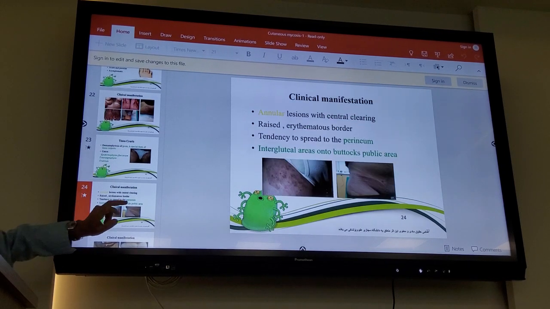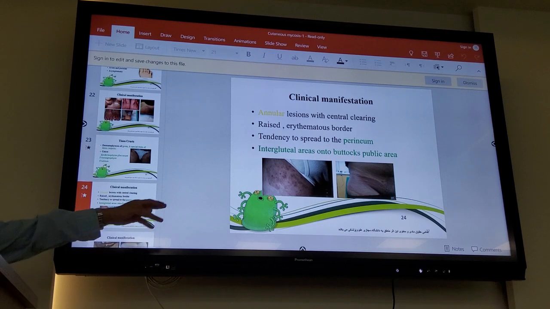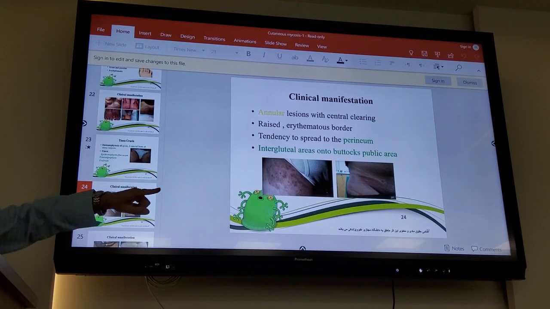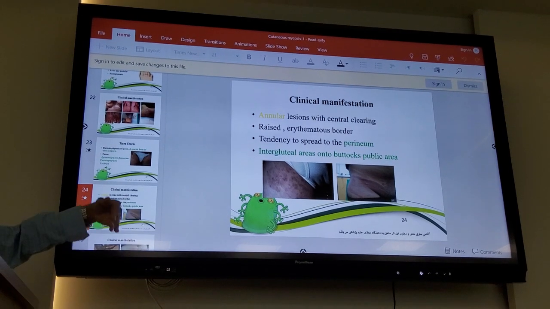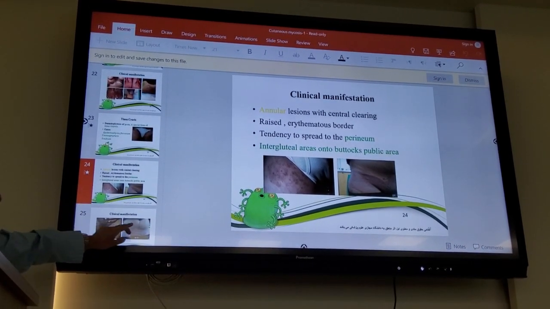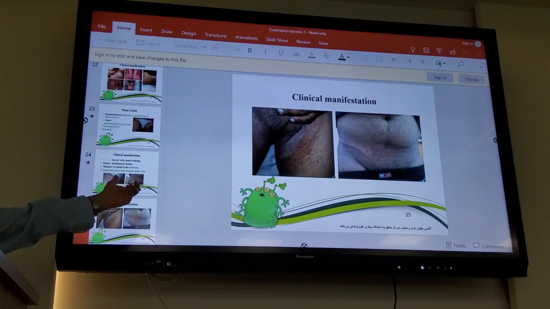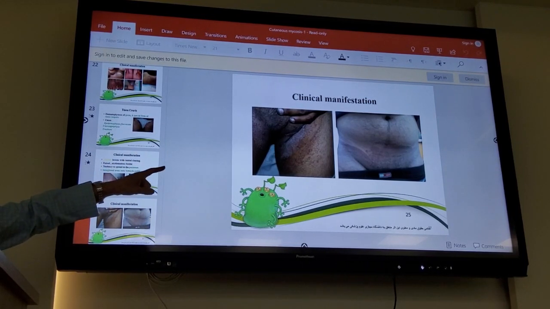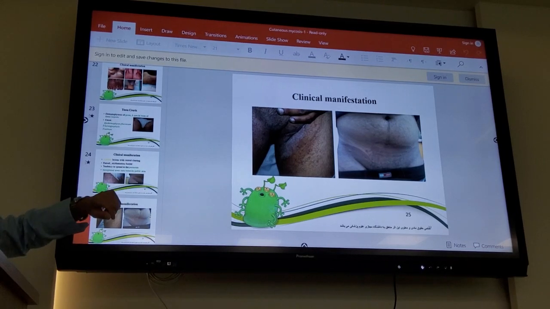In this picture, you can see the lesion that spreads to the body, to the abdomen area or to the buttock. The lesion may show scaly in chronic form and inflammatory reaction in acute form.